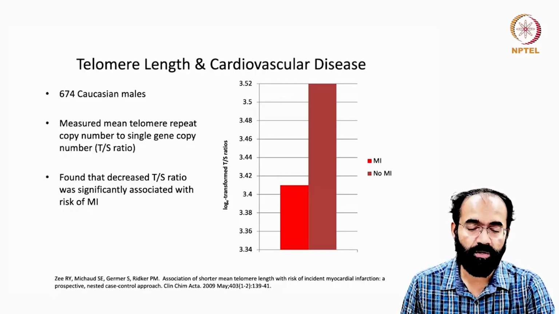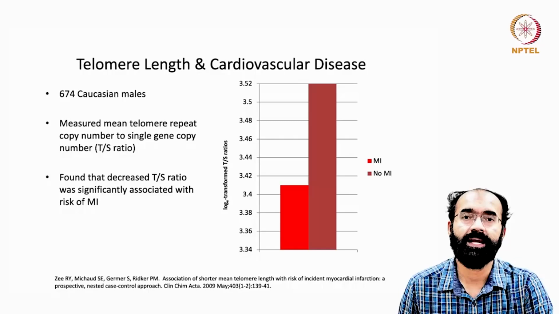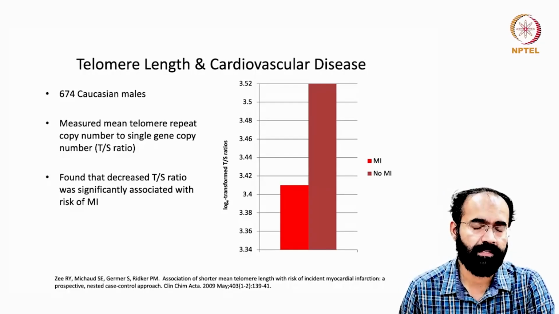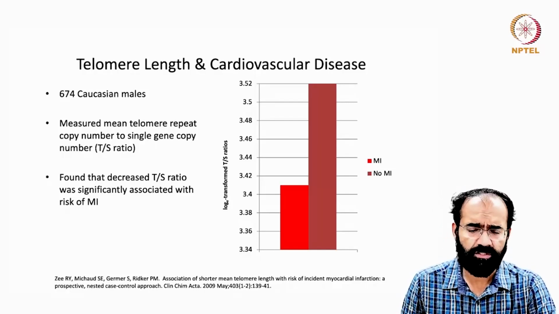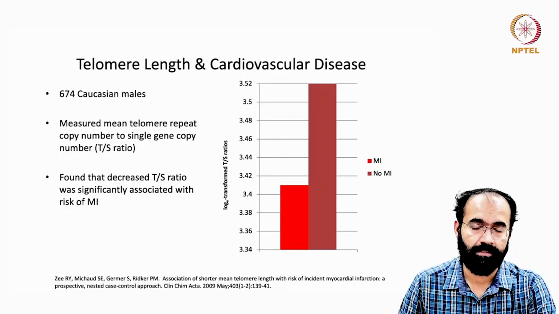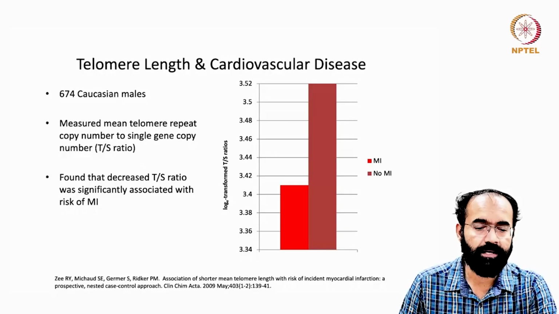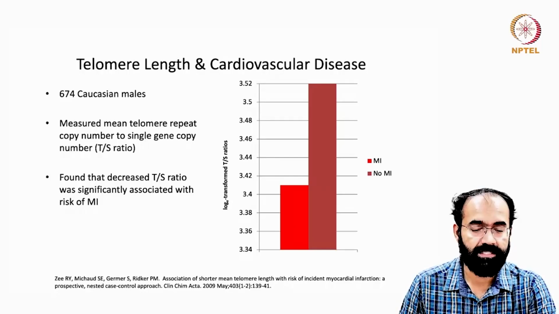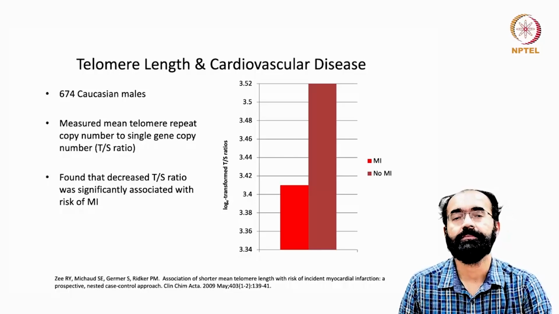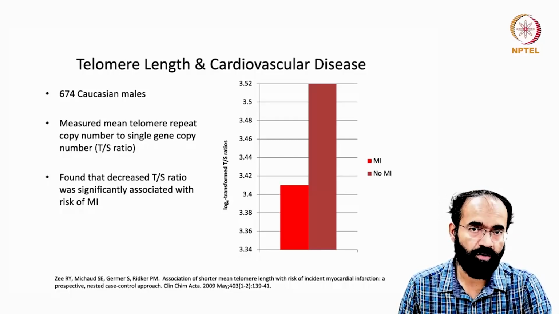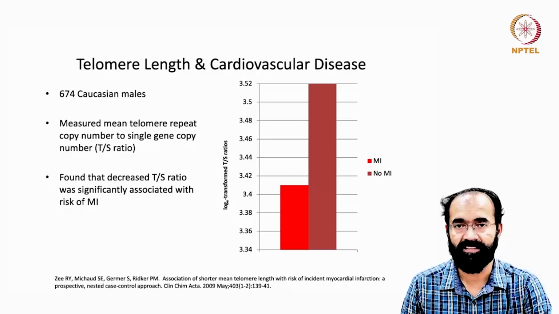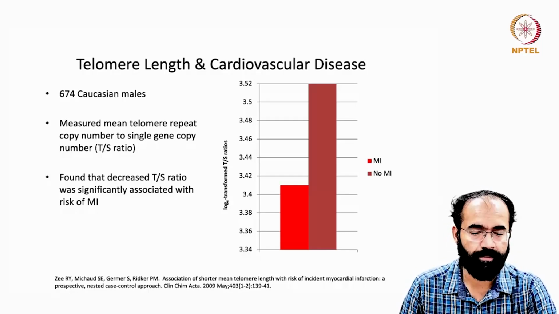So the total number of telomere repeats divided by the number of genes in that genome, this is what you are referring to as a TS ratio. So mean telomere repeat copy number to a single gene copy number. So you are bringing in a connection with the number of telomeric repeats per single copy gene.